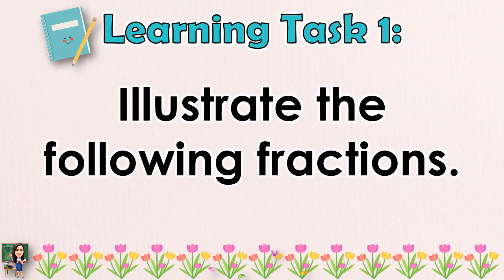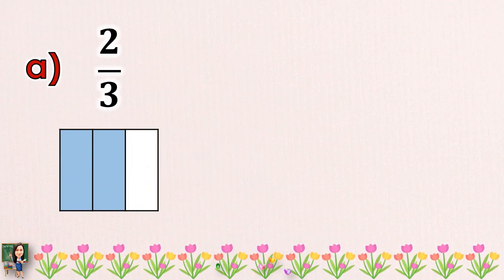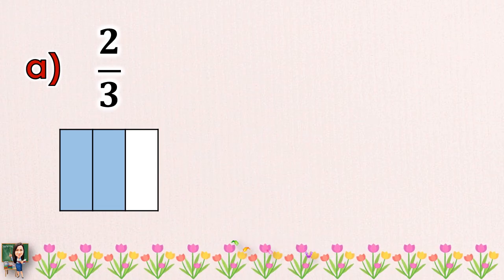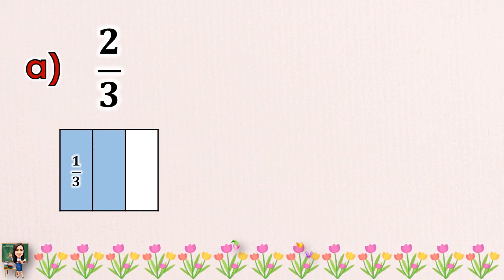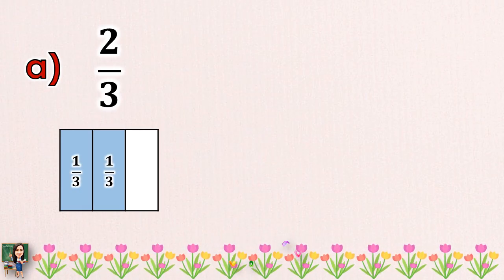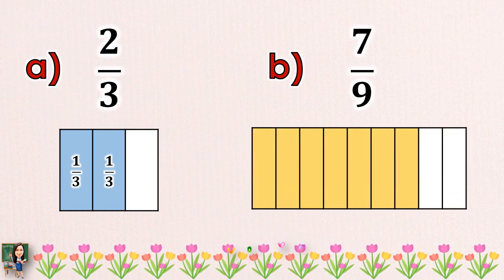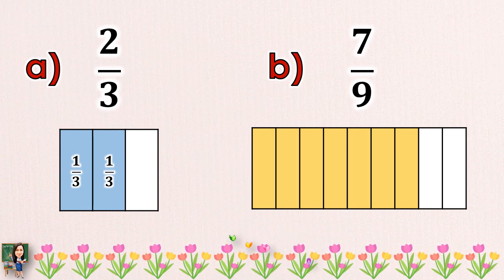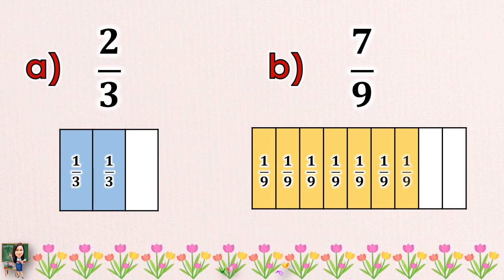Illustrate the following fractions. Letter A. This model shows 2/3, 3 equal parts which is the denominator and 2 shaded parts which is the numerator. 1, 2, 2/3. Letter B. 7/9. This rectangle is divided into 9 equal parts and the shaded parts are 1, 2, 3, 4, 5, 6, 7. 7/9.